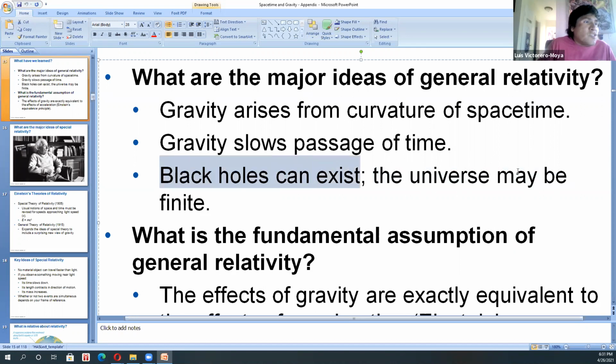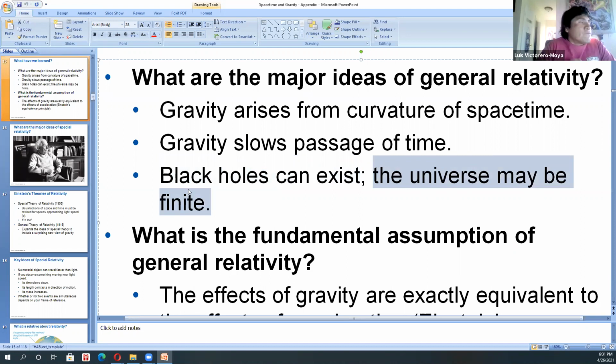Because black holes can exist, the universe maybe, or now we know, is finite. It's not really infinite, right? The person who we owe that is Stephen Hawking. He was the one who related the Big Bang and black holes.